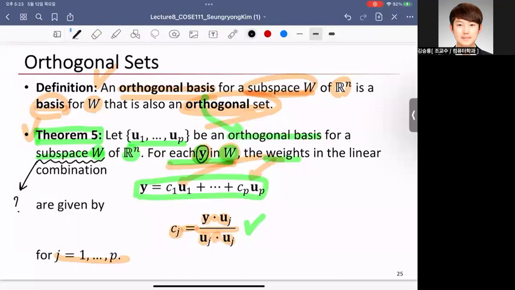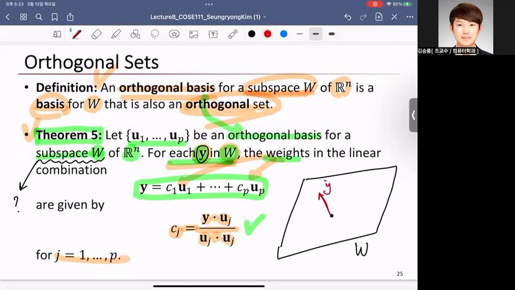In that subspace there is a vector y. Let's suppose that we have a subspace W, there is a zero here, and here is one arbitrary vector y in subspace W. If we have an orthogonal basis for this subspace W, u1, u2, ..., up, then we already know y can be described as a linear combination of the vectors u1, u2, and up. 그렇죠?